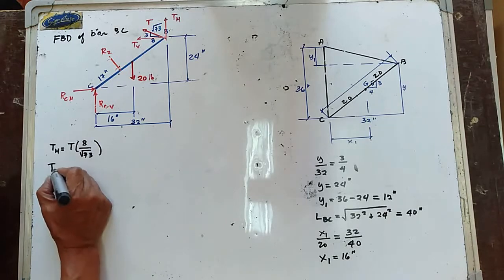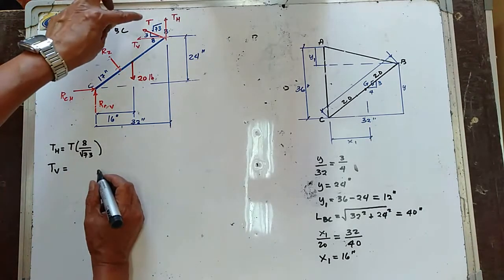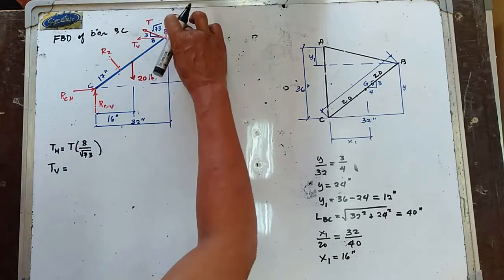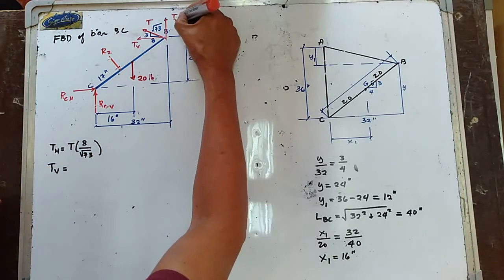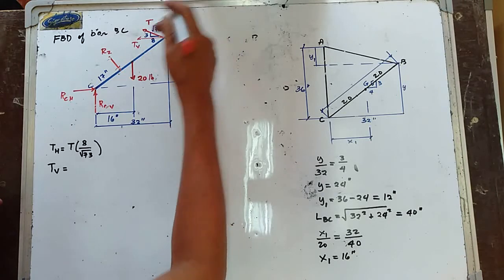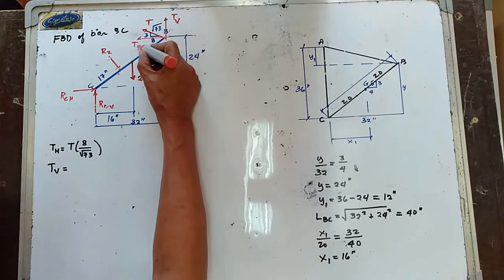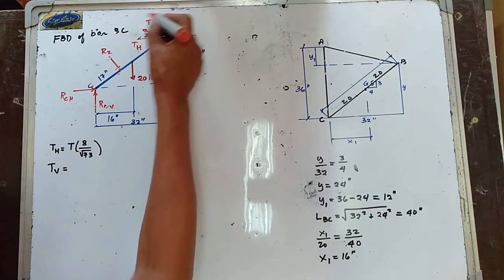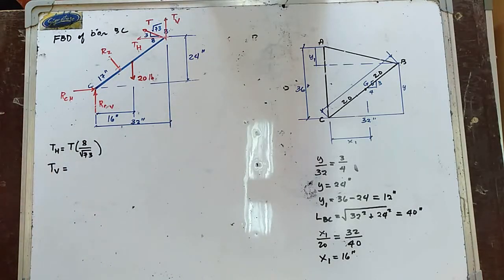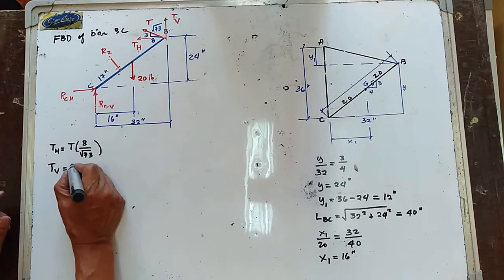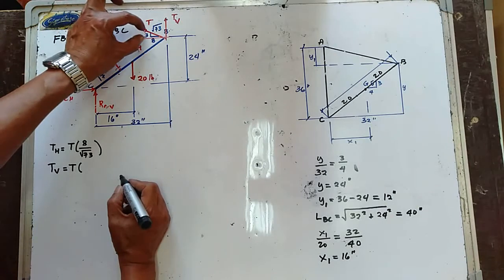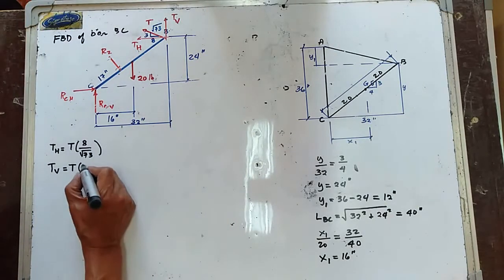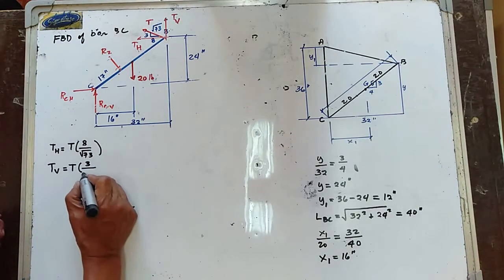And your T vertical is the tension in the cable times 3 over the square root of 73.